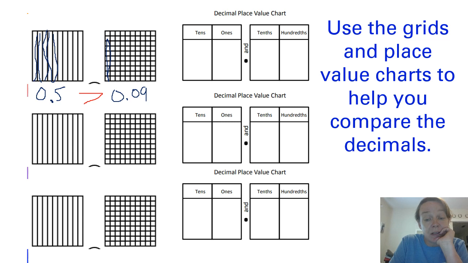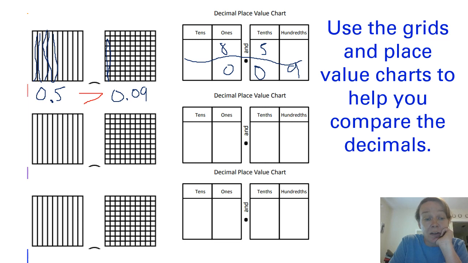Okay, let's put these numbers in our place value chart. All right, and what does our place value chart tell us? Well, each one has 0 wholes, so we move over to the next place value. This one has 5 tenths, and this one has 0 tenths.